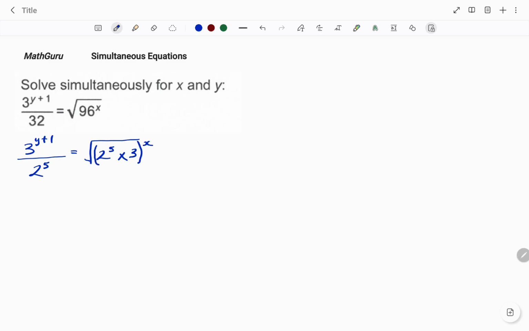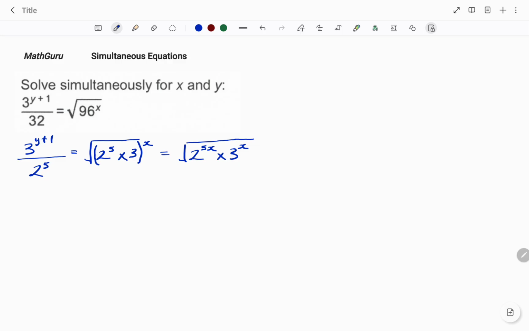I'm going to rewrite that. That is going to be equal to the root of 2 to the power of 5x times 3 to the power of 1 times x, that is x.